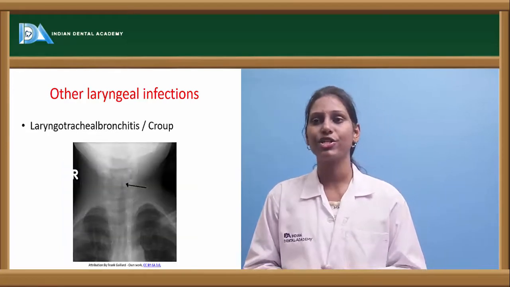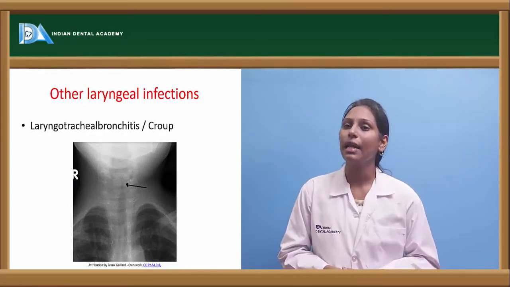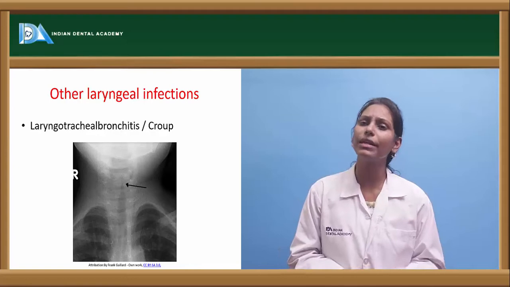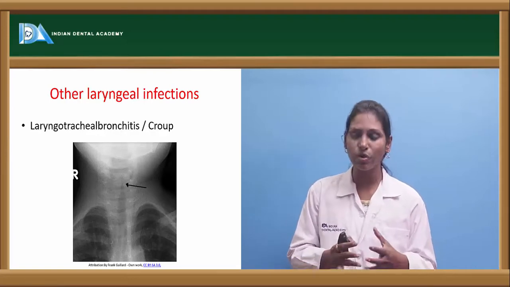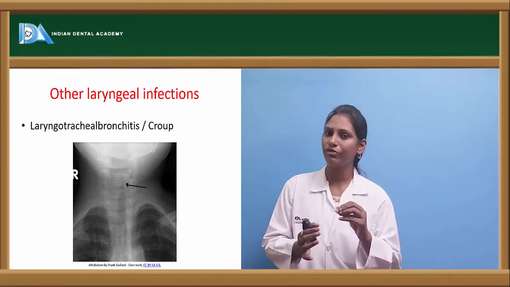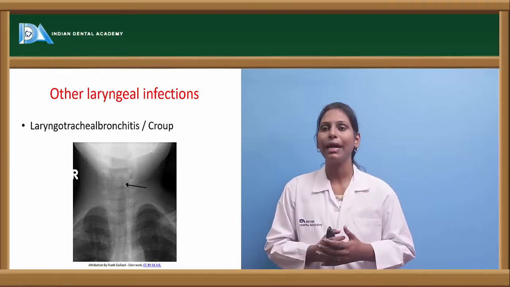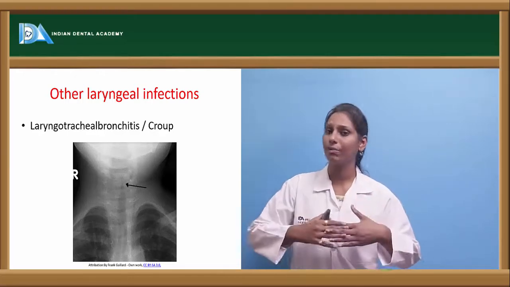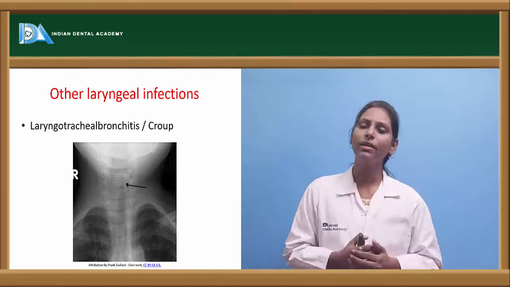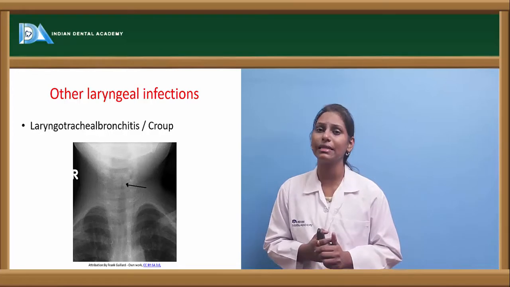The next laryngeal infection is laryngotracheal bronchitis, also called croup. As the name indicates, it includes a larger area: the larynx, and some part of the trachea and bronchi are involved. It usually involves the subglottic region, below the glottis, and is usually seen in young children.